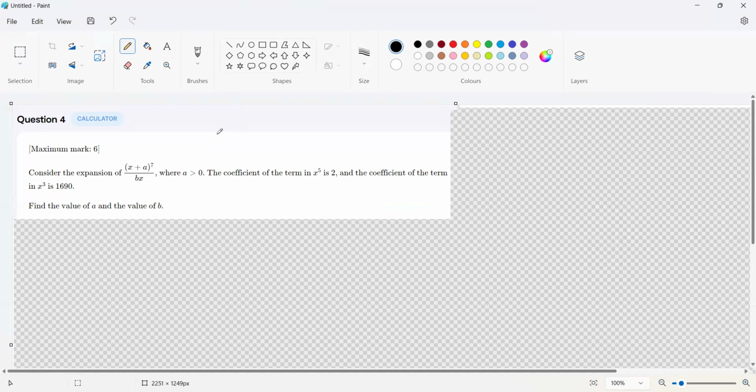All right, let's consider the expansion. It is x plus a raised to the power 7 upon bx.